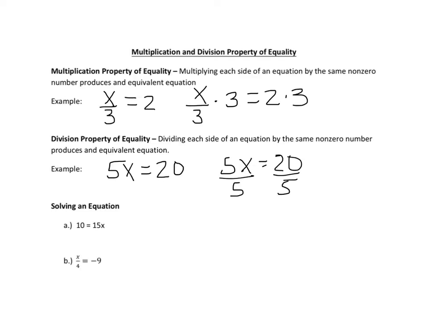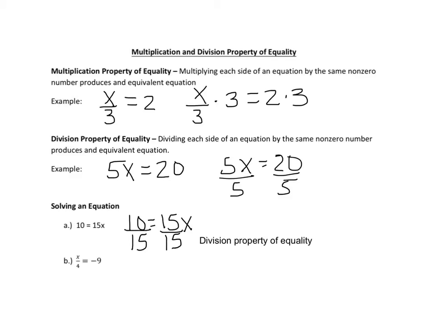Now we will solve some more equations. 10 equals 15x. 15x is multiplication, so the inverse operation is division. So we want to undo the operation by isolating the variable, dividing both sides by 15.